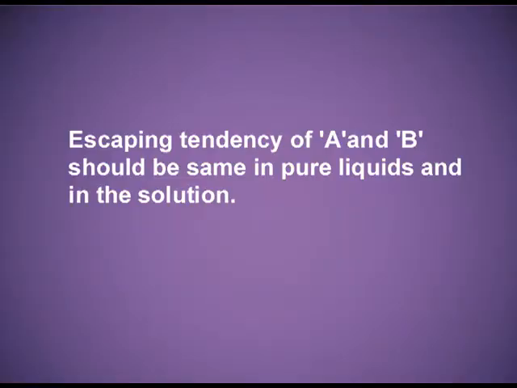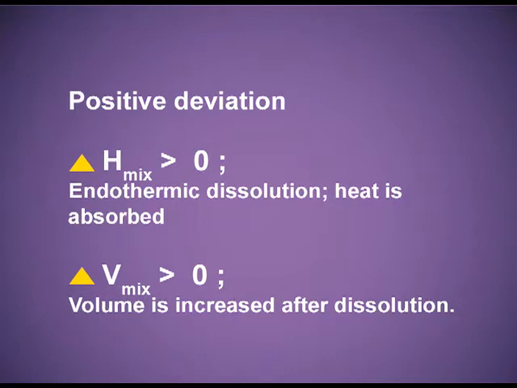Now, let me give stress on the solutions showing positive deviation. I have told you that the solute-solvent interactions are weaker, so the escaping tendency of A and the escaping tendency of B will be greater when they are in the form of a solution as compared to when we have a pure A or a pure B. So, delta H mixing will be greater than 0 and delta V mixing will also be greater than 0.